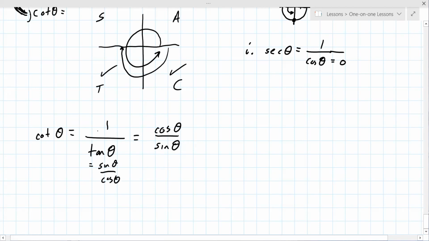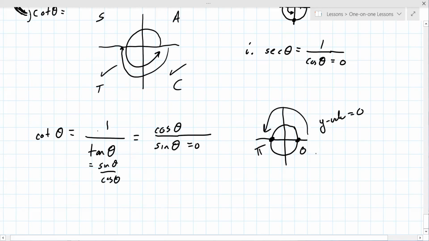So where is sine theta equal to 0? Again, that's asking where the y coordinate on the unit circle is equal to 0, and that happens here and here. So at 0 degrees, pi, if you're going this way. You could also say 2 pi. What if you were going the other direction? It's still 0, but if you go this way, that's minus pi.